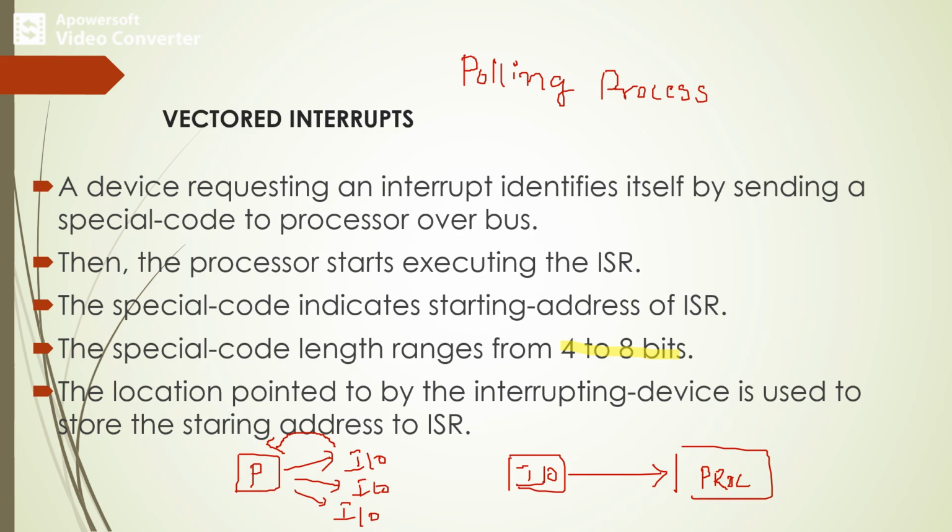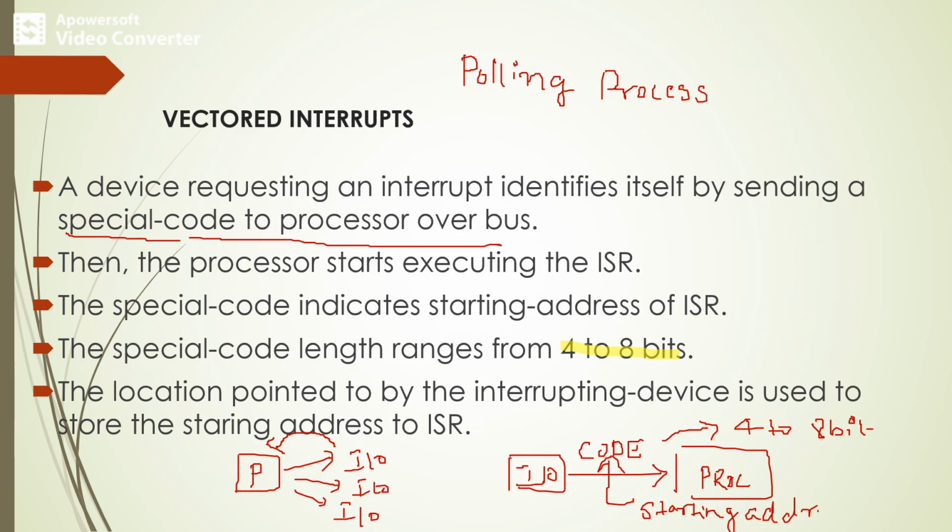The I/O device will place some special code over the bus. Now what is the size of this code? The length of the code ranges from 4 to 8 bits. Usually the code is nothing but the starting address of the ISR.